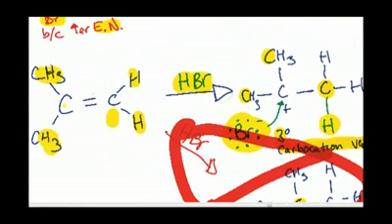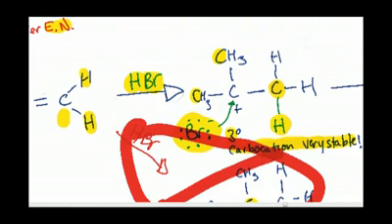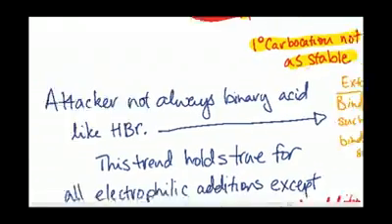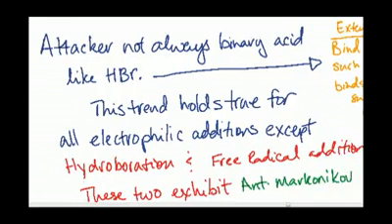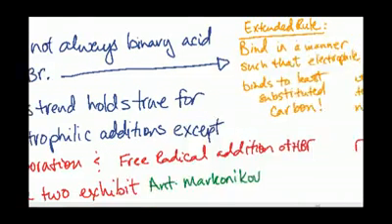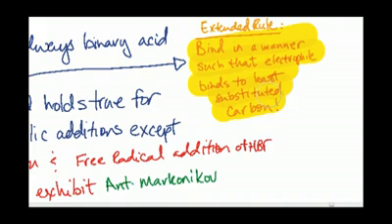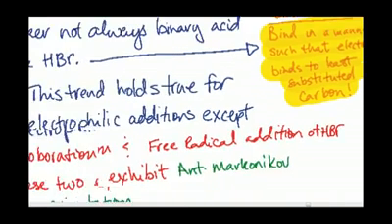The electrophile binds to the one that has the most hydrogens, is the extended version of the rule. So if we bind something besides HBr, the rule states that the electrophile binds to the least substituted carbon atom. Why? So we can create the most stable carbocation.